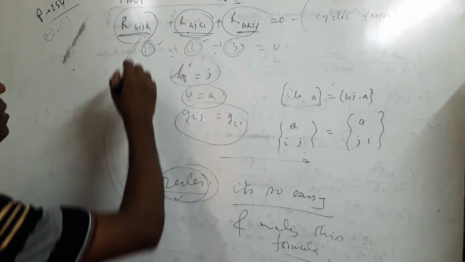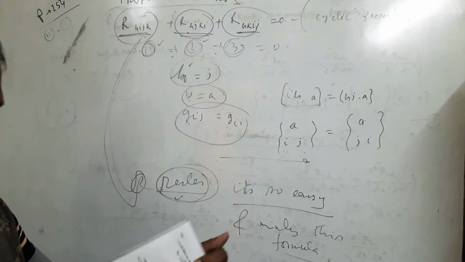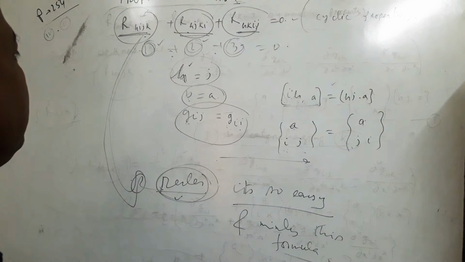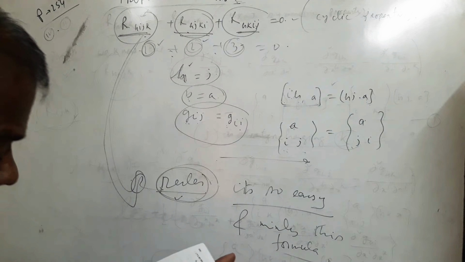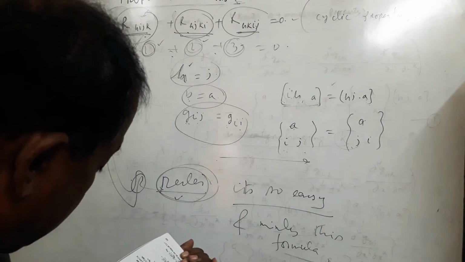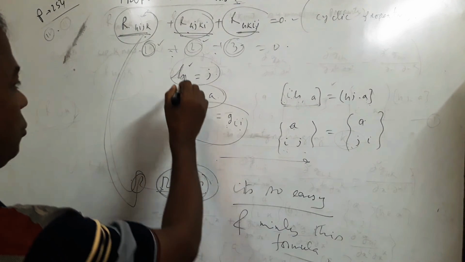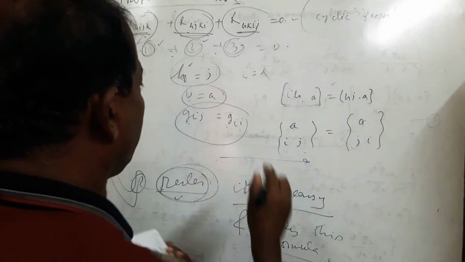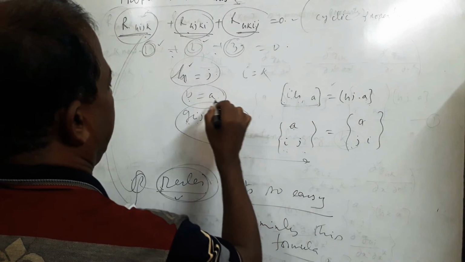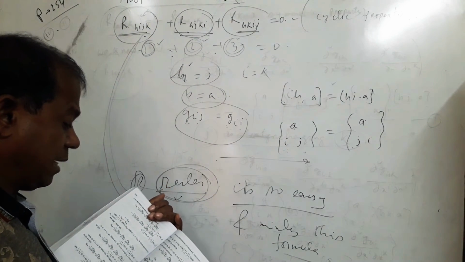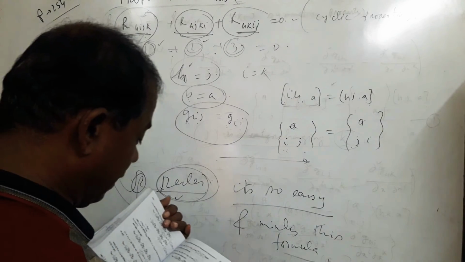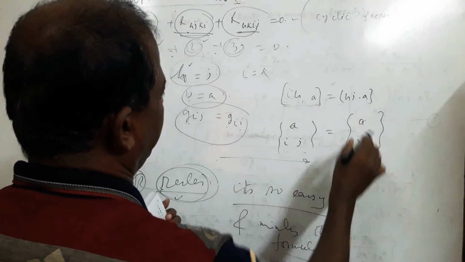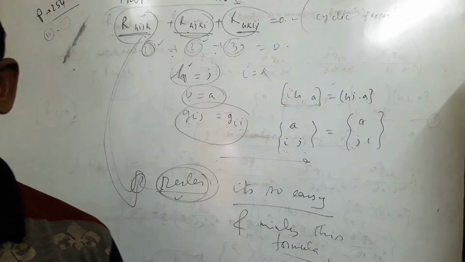You have to apply these rules firstly, and replacing I equal to K, and B equal to A, and G_IJ equal to G_JI, and A_IJ equal to A_JI.